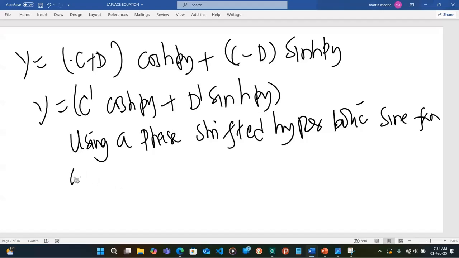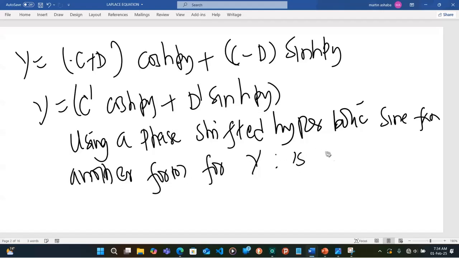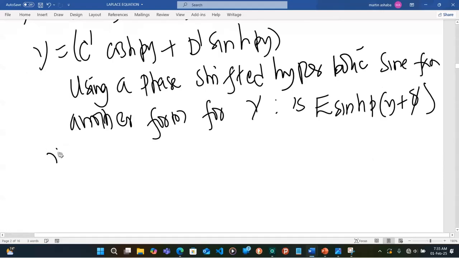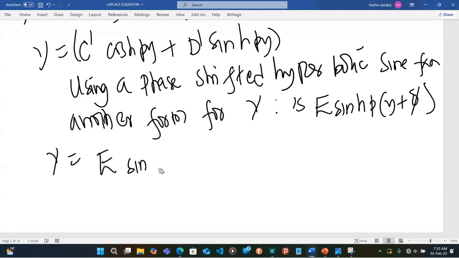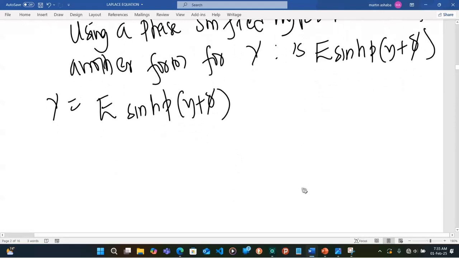So another form for y is e times hyperbolic sine of p times y plus the phase shift. The phase shift is phi that we are using, and therefore our y will become e, which is now another constant that we have introduced, times sinh of p into y plus phi. So what becomes of our solution?